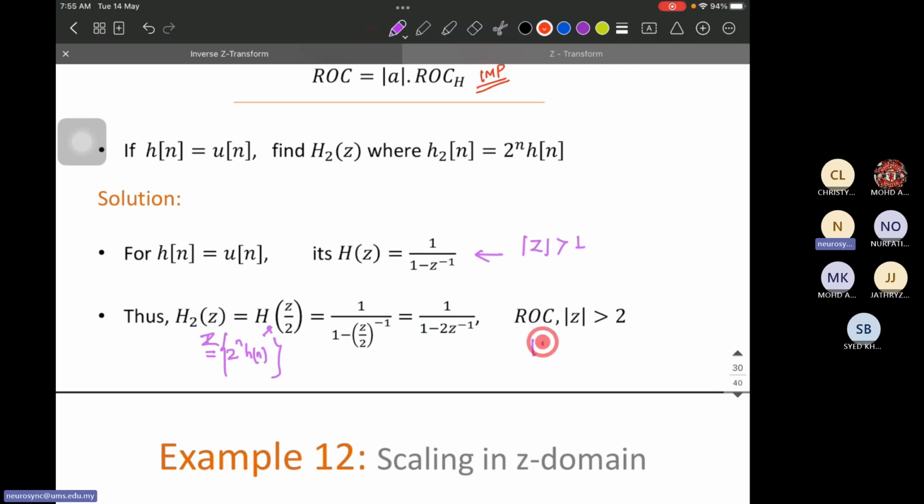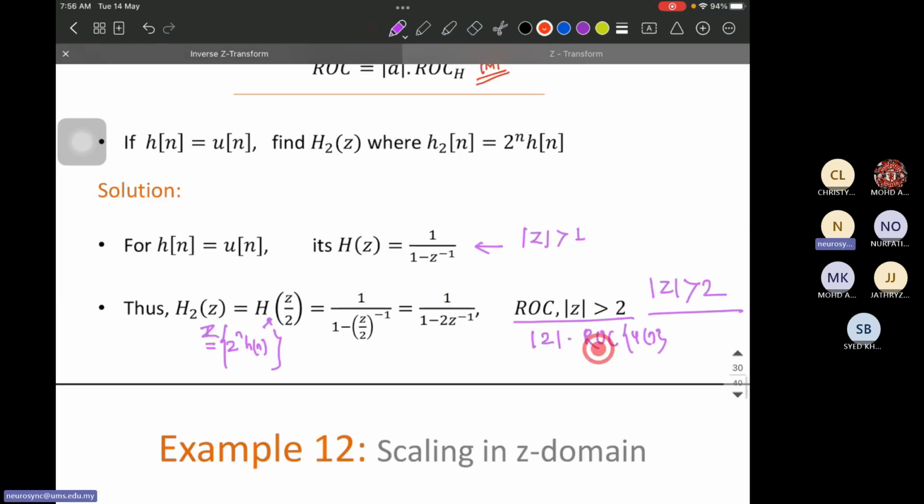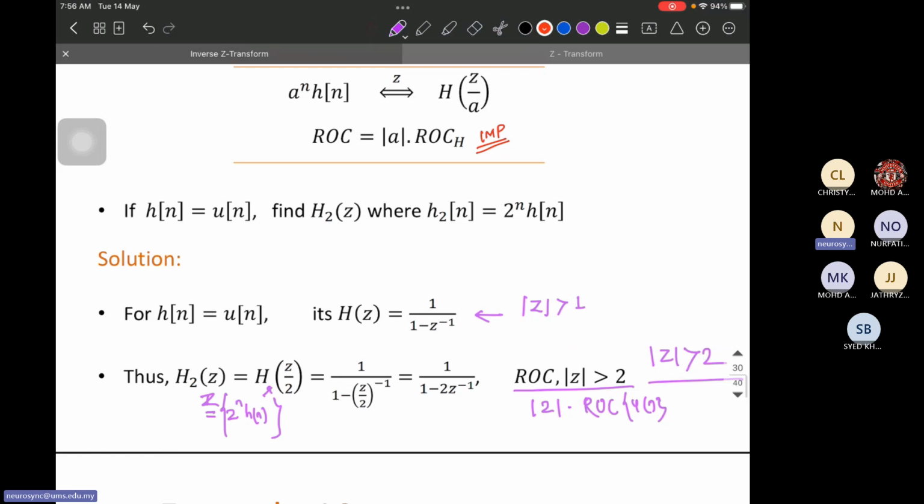Because the scaling factor is 2, the ROC will be modulus of 2 into the ROC of u of n. So the final ROC you will get is modulus of z greater than 2. You need to mention this, do not write it directly. The ROC will be the scaled factor.